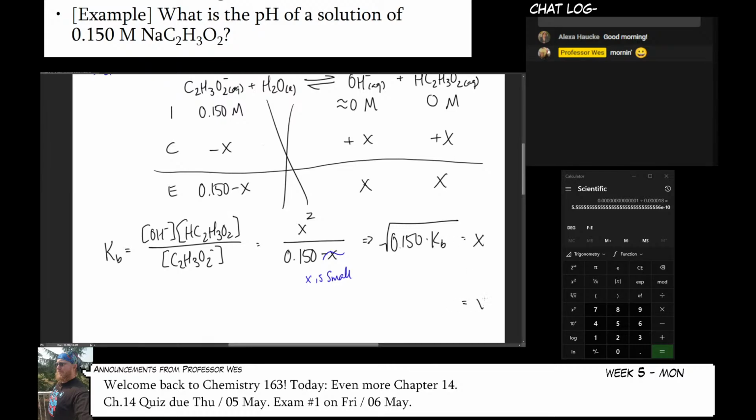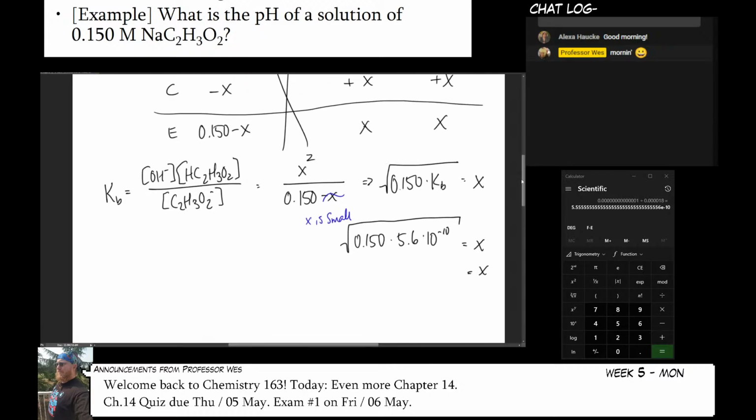So X would be 0.150 times 5.6 times 10 to the minus 10, and all of that is square rooted. I have that number already in the calculator, times 0.150, and then we're going to square root that. I get 9.1 times 10 to the minus 6.